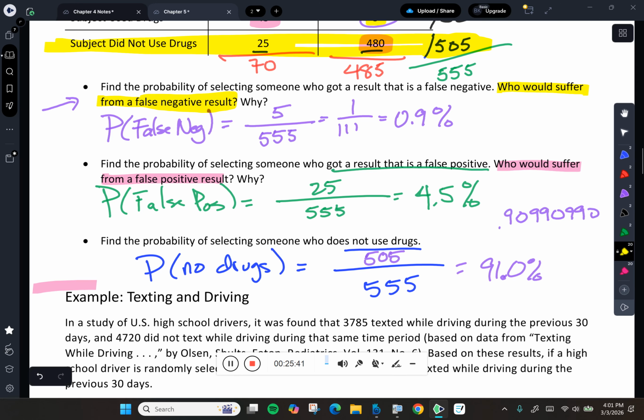We're supposed to go to 3 decimal places, which means that when I round it, I get 0.910. Do you see how I kept that trailing 0 on there? I didn't just call it 91%, I called it 91.0%. That trailing 0 becomes significant because it's telling the world that this was rounded to 3 decimal places before it was converted to a percent. So round to 3, then convert.